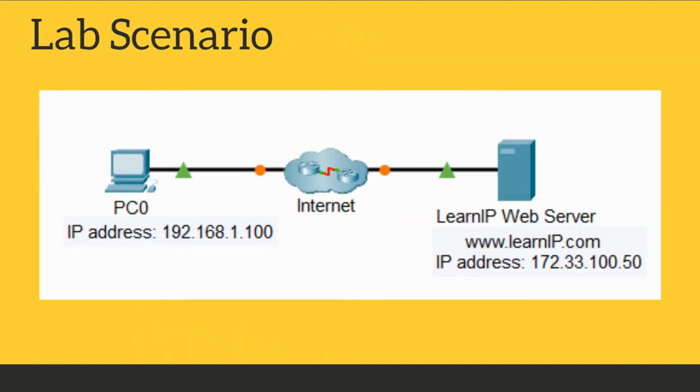Let us understand the lab scenario. Here in the diagram you can see there is one computer, PC0, with the IP address 192.168.1.100. That computer is connected to the internet, and on the other side of the internet there is a web server.